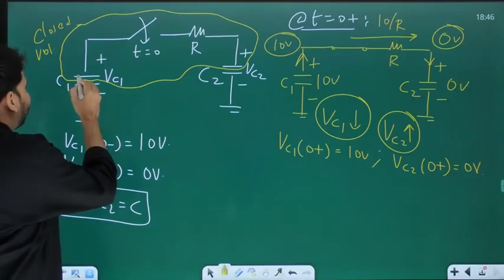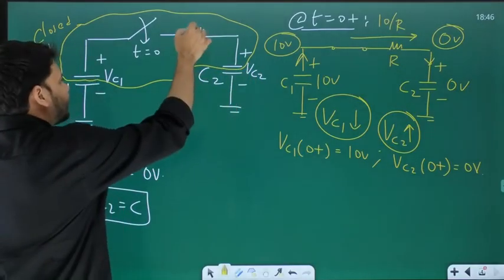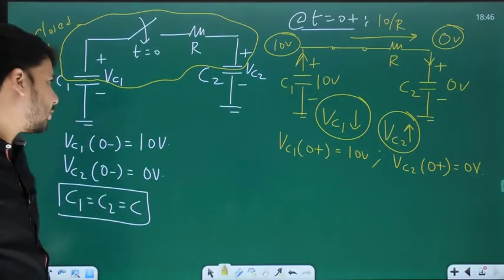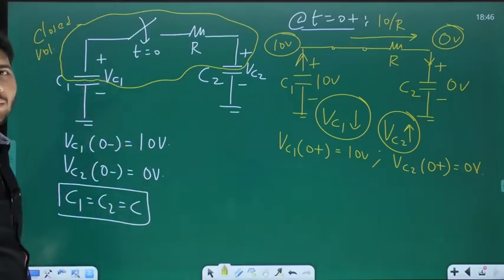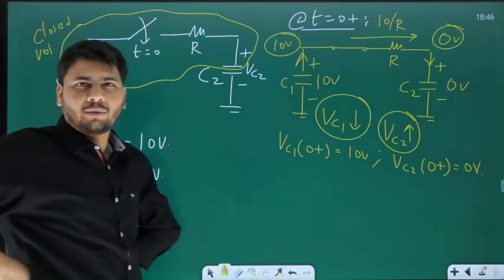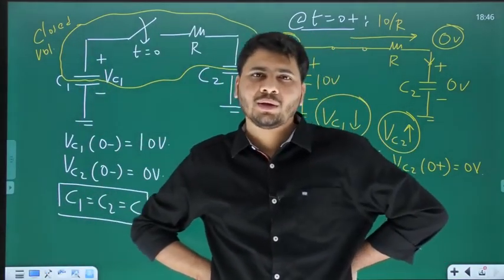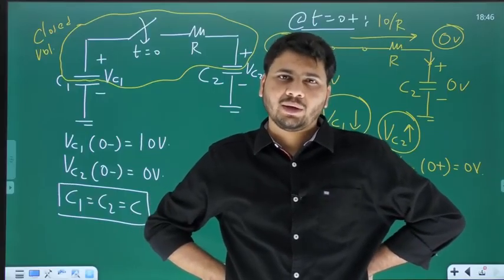I have the upper plate of C1, the upper plate of C2, and also this resistor and the switch, which is being closed at t equal to 0. Now, what is in between the two plates? You have a dielectric, which is an insulator through which no conduction current can flow. So there is no physical charge transfer through any dielectric.